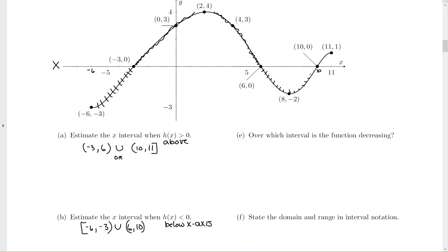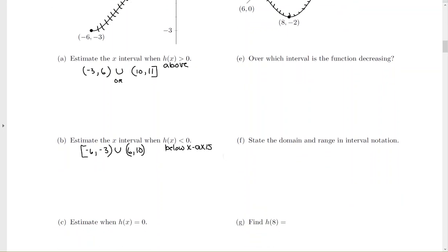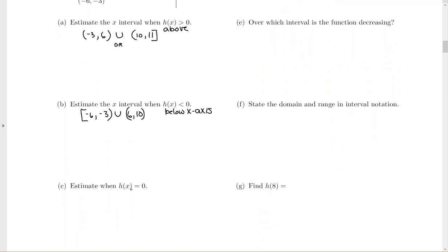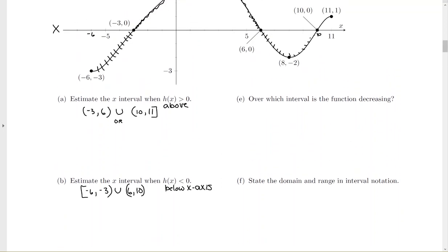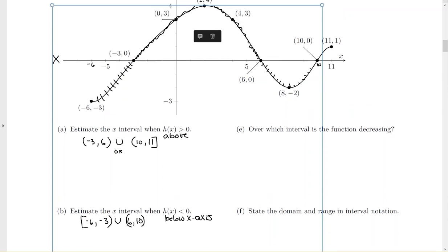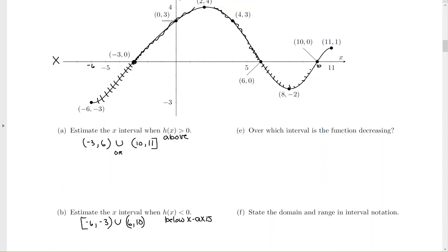For part C, we'll scroll down here a little bit, estimate when h of x equals 0. That's when we're on the x-axis. So I look back at my picture, what values am I on the x-axis? Well, that would be at -3, +6, and +10.